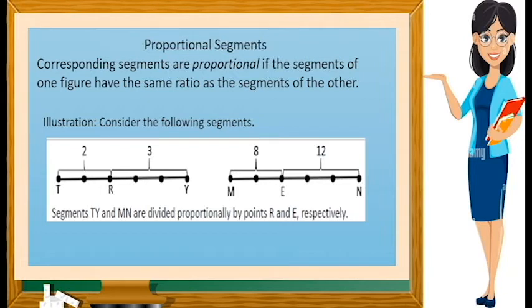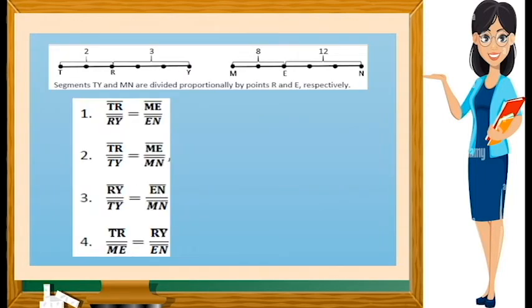Segment RY corresponds to EN. Segment TR corresponds to ME, and segments TY and MN are said to be divided proportionally. So segments TY and MN are divided proportionally by points R and E respectively.